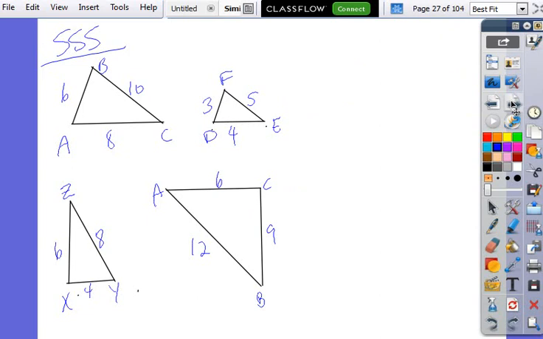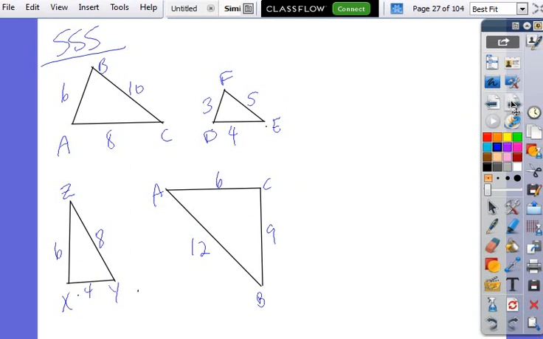A lot of times people get confused on side, side, side because they don't know where to put the numbers. Should be real easy. All we're checking is, are the sides proportional? In other words, do they make the same fraction when I check that part? Very simple. You don't have to worry about switching them around and rotating them and reflecting them to make them look the same and all that junk.